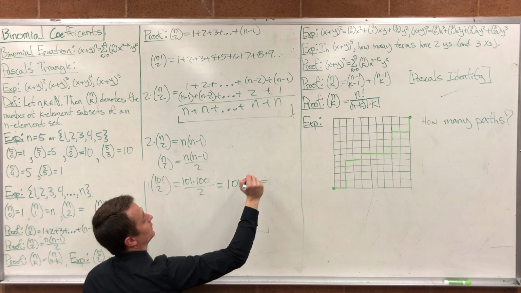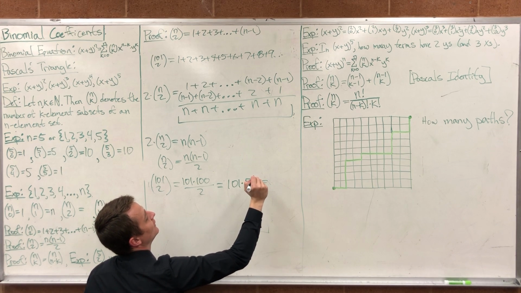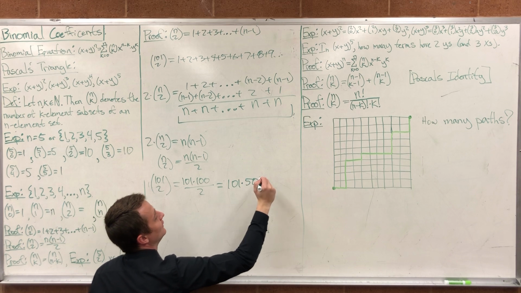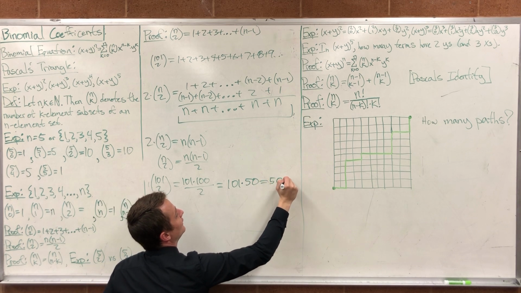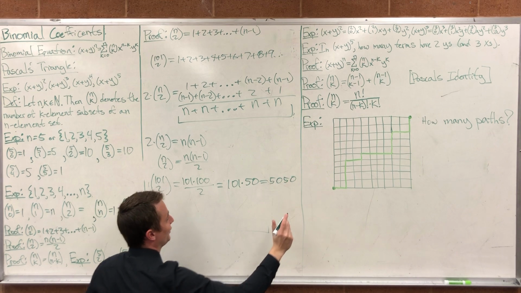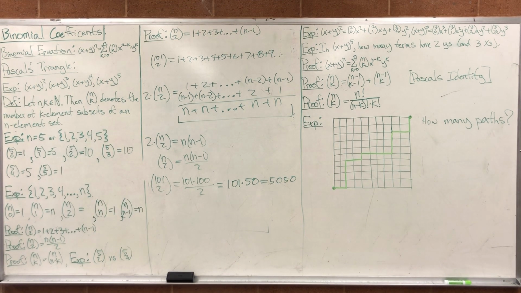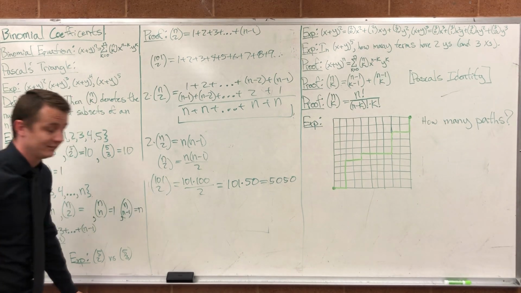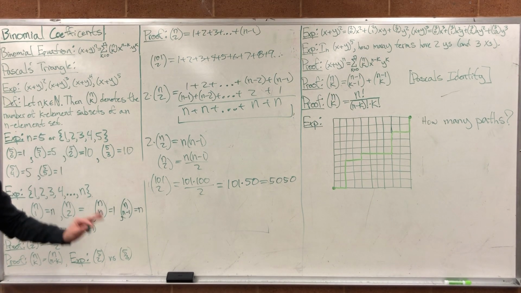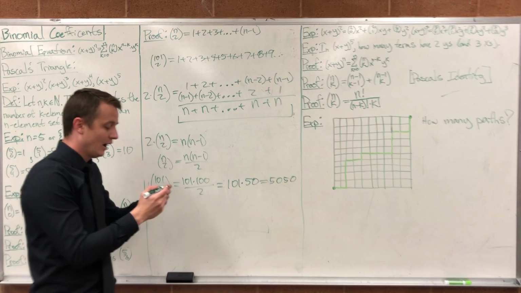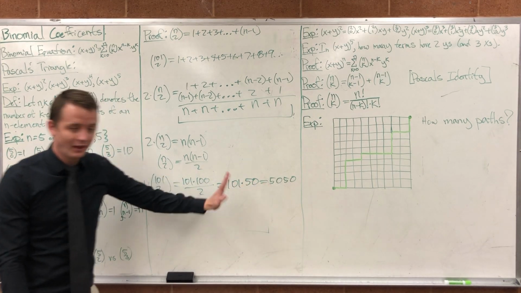Why does that look so weird to me? There we go. 5,050. There's 2 zeros. I don't know why I randomly stuck a zero in there. Okay. 5,050. Not sure what happened in my brain for a second. That was weird.